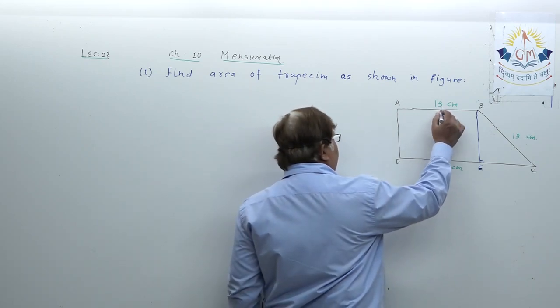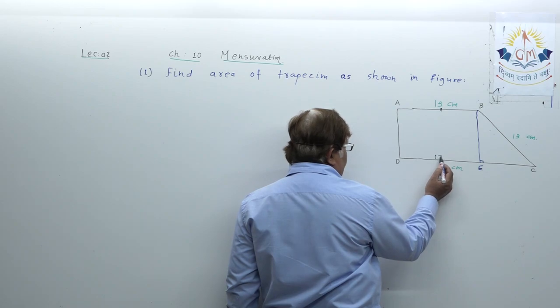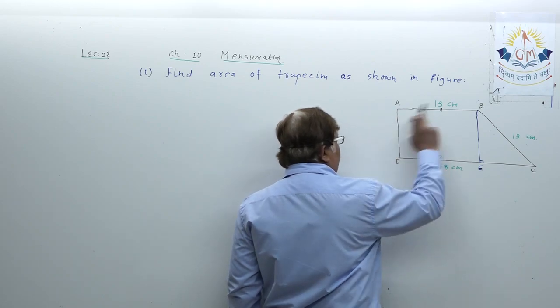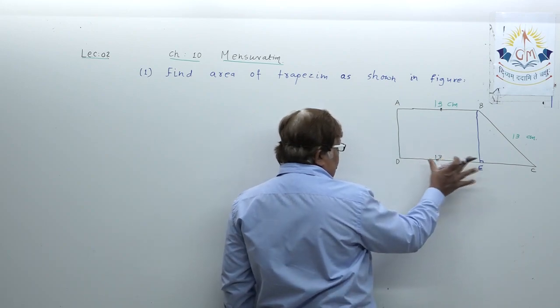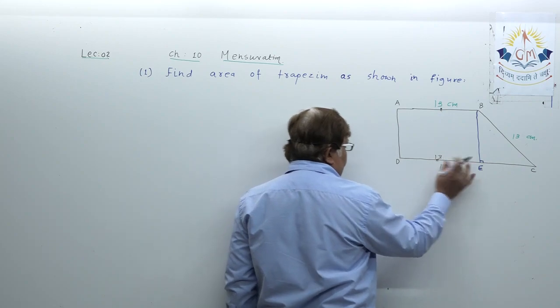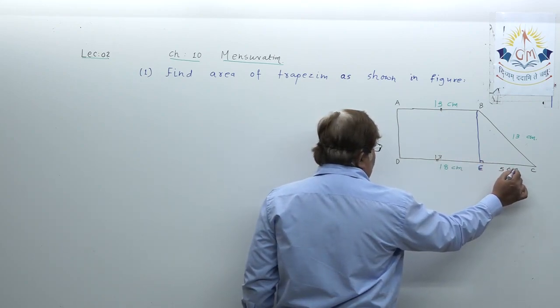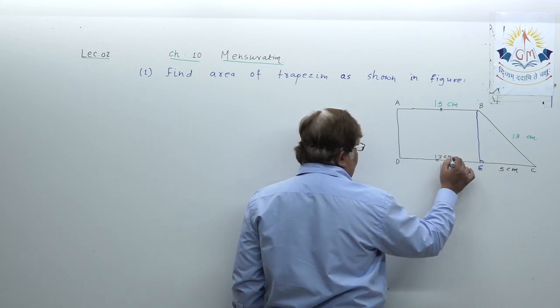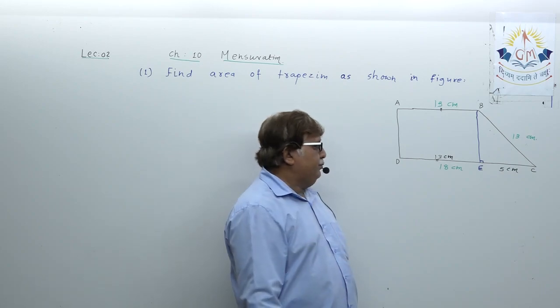So this is 13, dear student. So this is also 13. AB 13, DE 13. DC is 18. So 18 minus 13. This is 5 centimeter. You understood this?